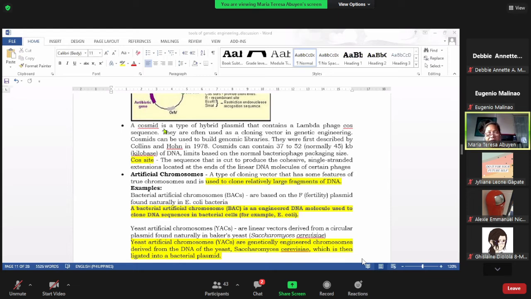So from 1, it will become 2, it will become tens of bacteria, and then tens will multiply, it will divide through binary fission until such time that it will become thousands of it. So, ang thousands, makaka-produce na hinda mo nga insulin.